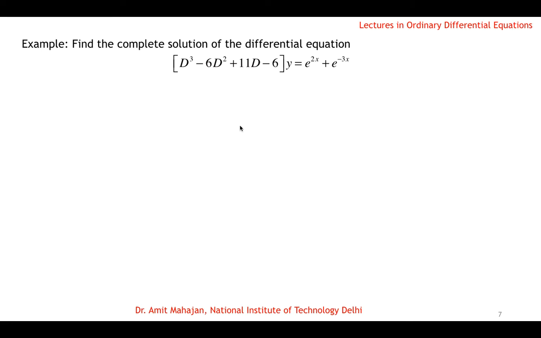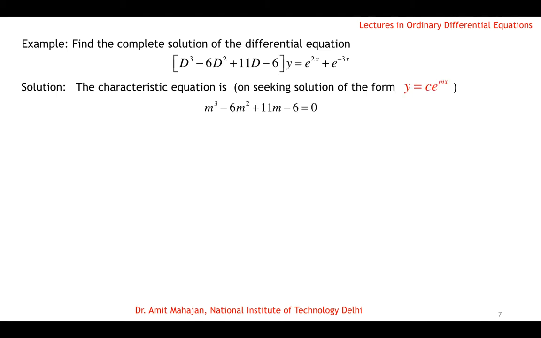Let us take one more example. Find the complete solution of this third order differential equation where the right hand side is these exponential functions. The first thing we need to calculate is the complementary function, and for that we have to write the characteristic equation, which is m cube minus 6m square plus 11m minus 6 equal to 0, and then find its roots.